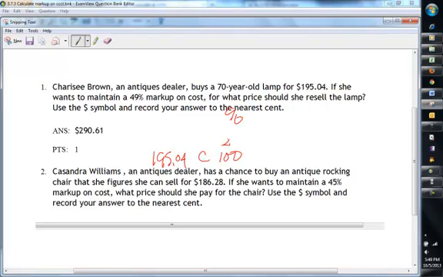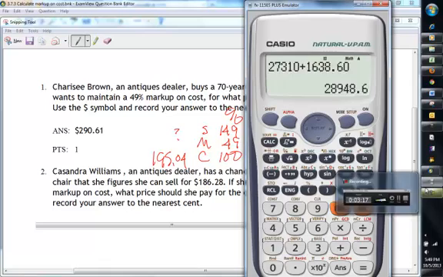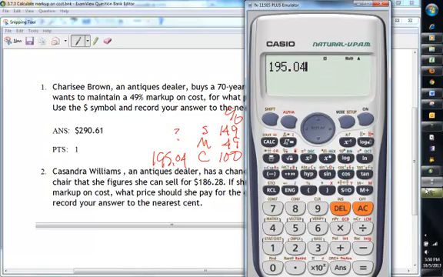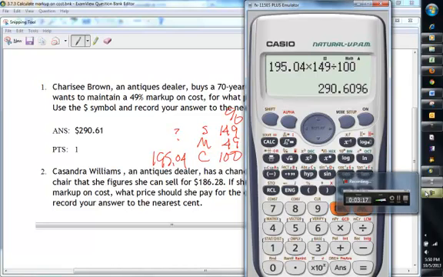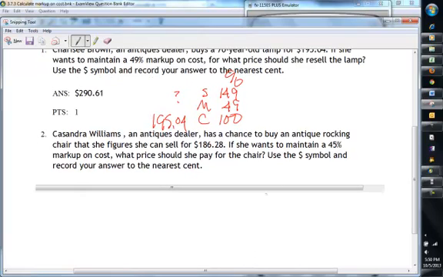She wants a 49% markup, which means the selling price percent is 149. So we want to know what price should she resell it for. Cross multiply and divide: 195.04 times 149 divided by 100 gives us $290.61.